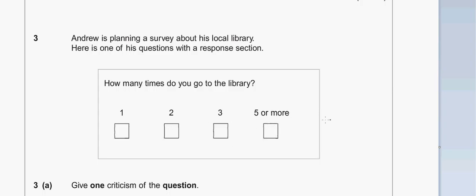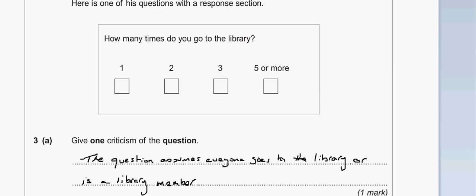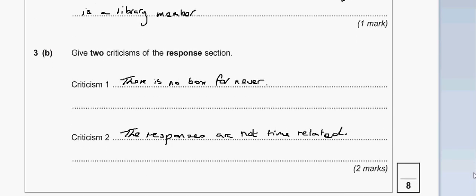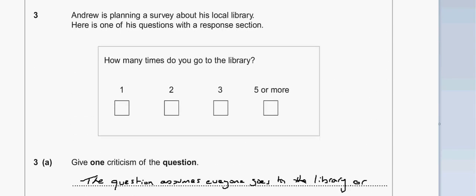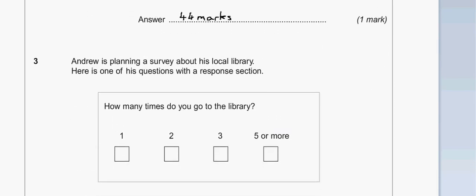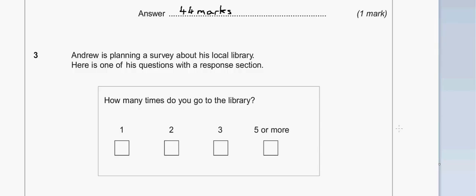Okay, so this is quite easy because you just choose what you think are the faults. So it's just common sense. You don't need to be a mathematical genius to work this out. It's just logically, does it make sense? Okay, so I'll stop the video here and then I'll go on to the next set of questions in the next video.